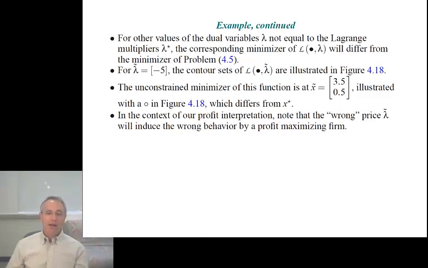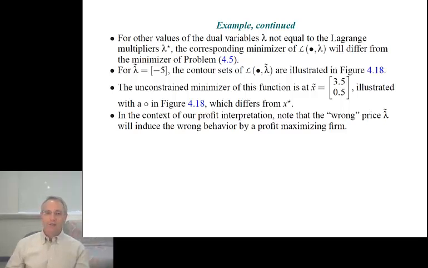On the other hand, if I don't have the price right, if I don't have the dual variables set equal to the Lagrange multiplier value lambda star, the corresponding minimizer of that Lagrangian will not be the minimizer of the original problem. So let's suppose we pick lambda tilde equal to -5.